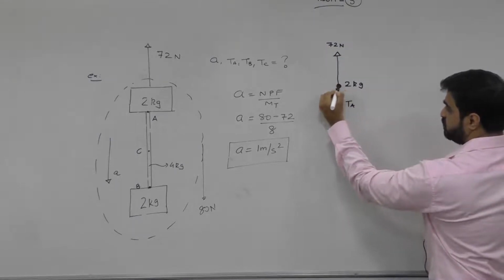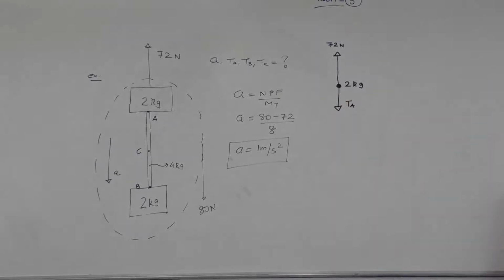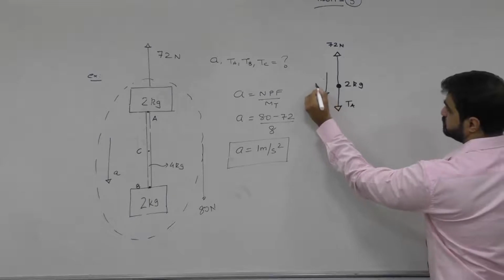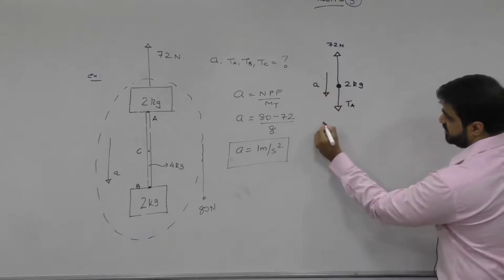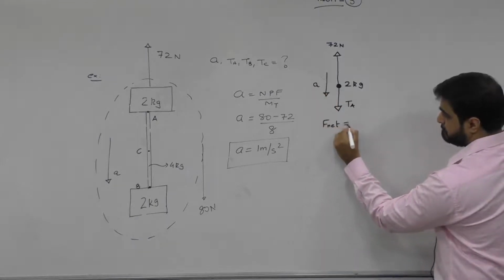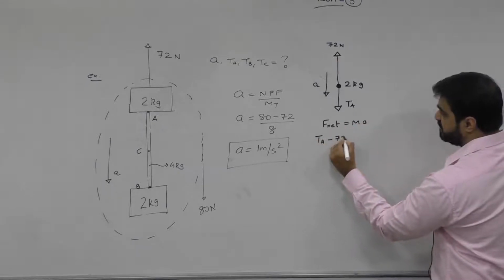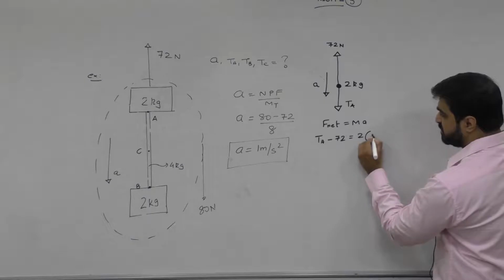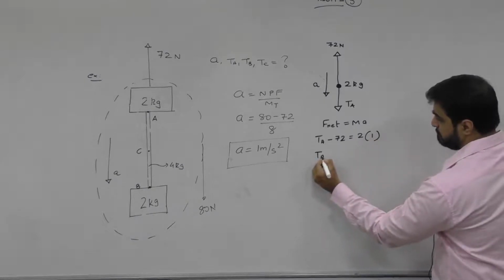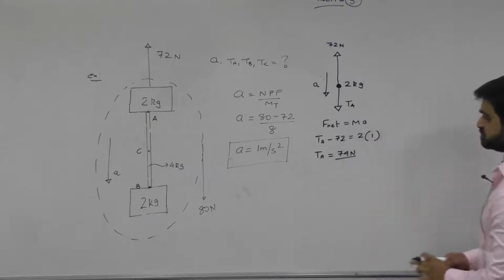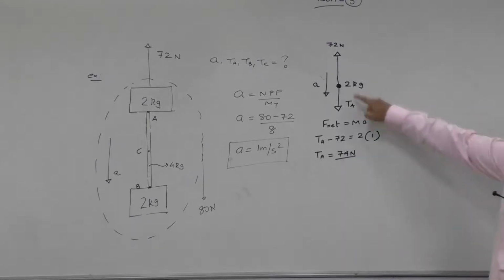Body away, na? And where will be the resultant acceleration of the system? Down. Can I apply net force is MA? Net force will be what? TA minus 72 is 2 into A. A is given as 1. Right or not? M is 2 into A, correct?